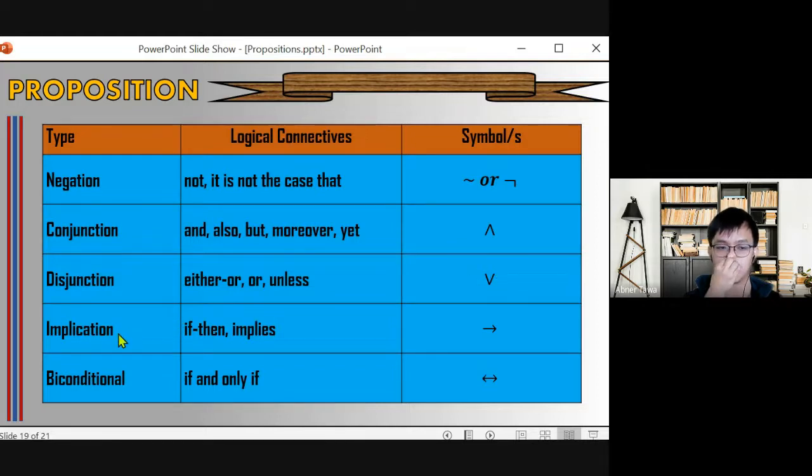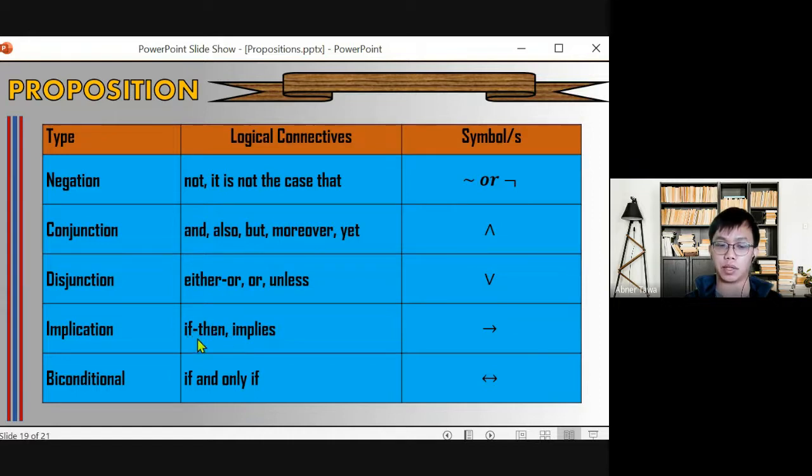The next type of compound proposition is the implication. In an implication, it has parts called the hypothesis and conclusion. It's not necessarily subproposition, but we can call them the hypothesis, that is the if part, or the first statement that is used, and then the next one is the conclusion, or the then part.